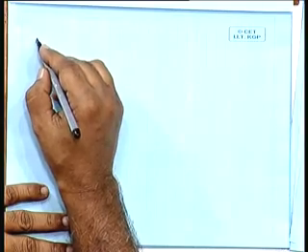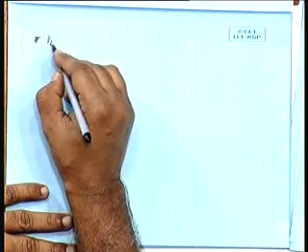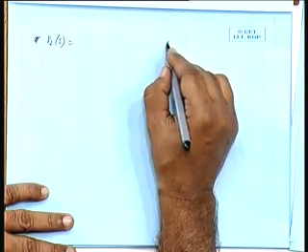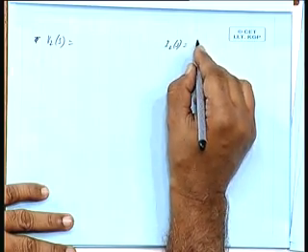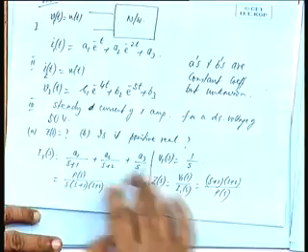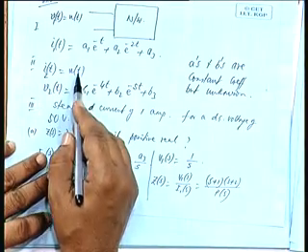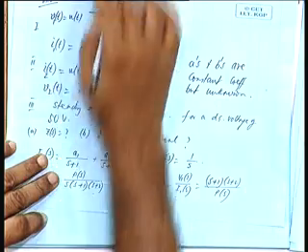Okay. Next you apply I2(S) as 1 by S, is it not? Second time you are applying a unit step of current. So, I2(S) is 1 by S. What is the corresponding V2(S)?